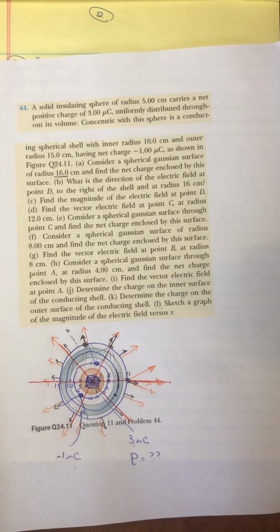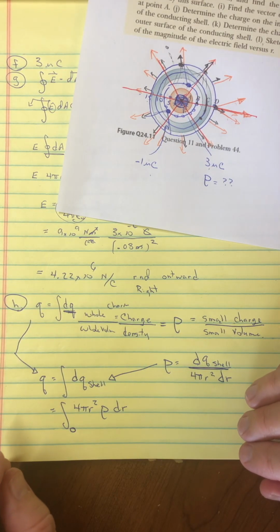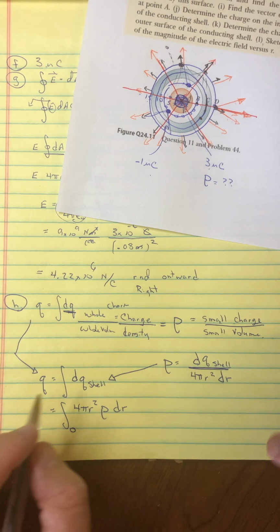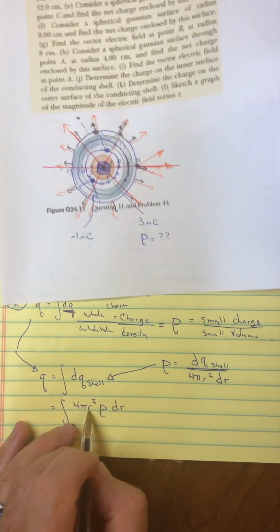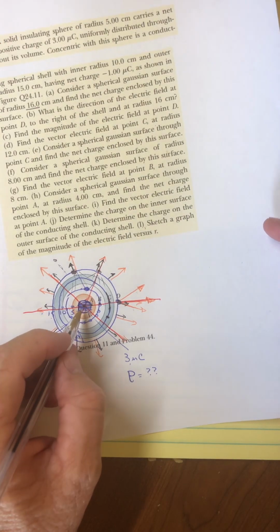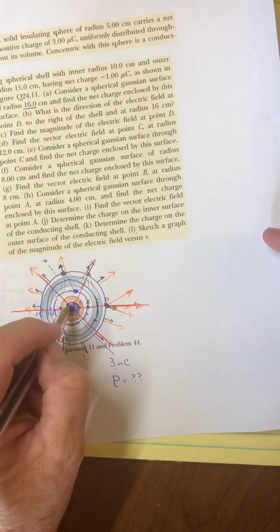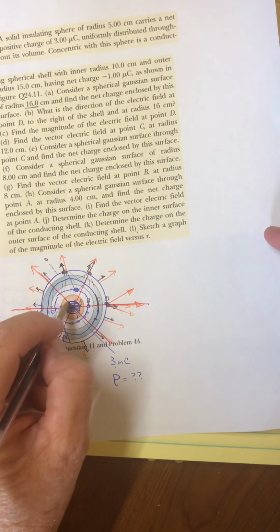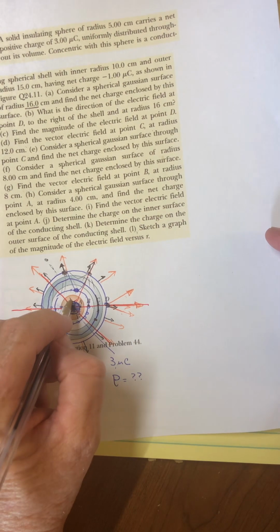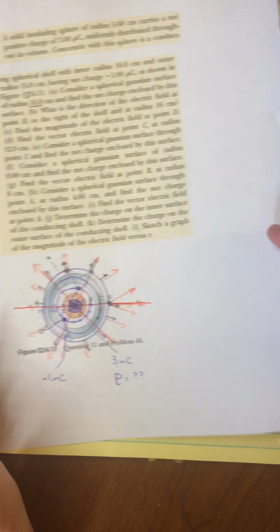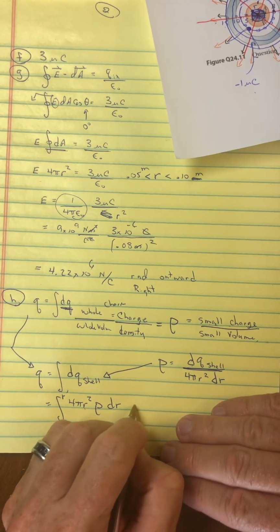Now, maybe for starters here, I will call this, and hopefully it won't confuse you, let's see, I've been calling little r the radius of each shell. So why don't I add up until I get to some radius? Can I just call it like an r prime? So I'm going to go from 0 to r prime.